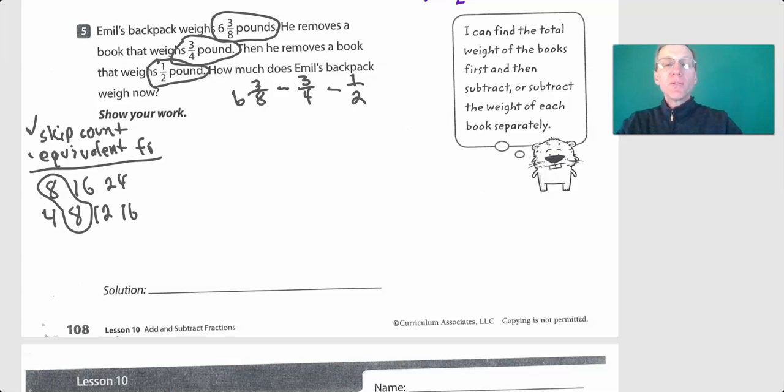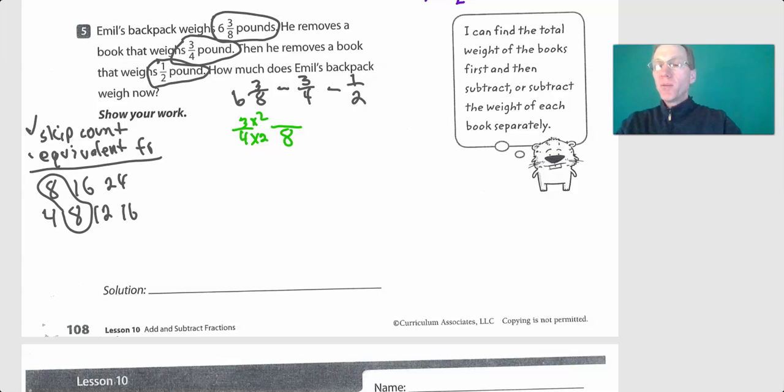Okay, so now we did our skip count. Now we've got to write an equivalent fraction. So we're going to change 3/4, pretend that's a pizza, and make that have a denominator of 8. I won't draw the pizzas this time. We're just going to times both of them by 2, because 4 times 2 gives us 8 slices.